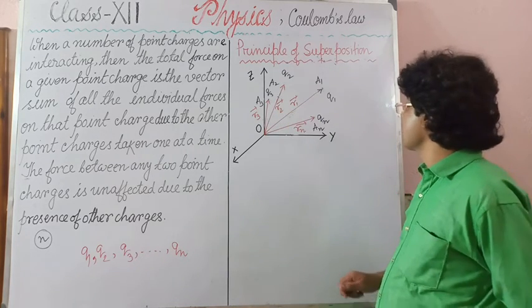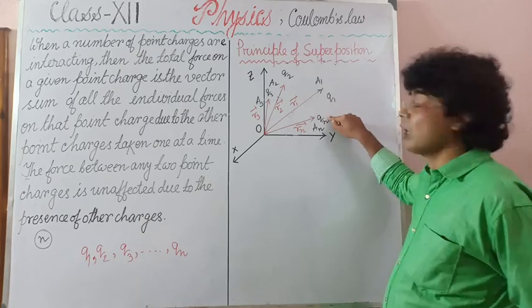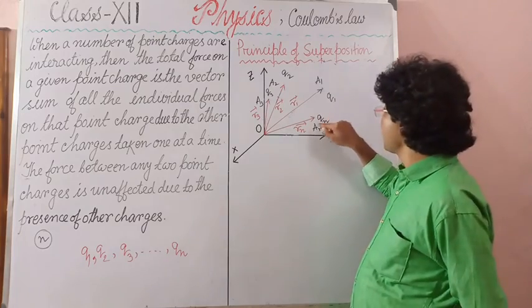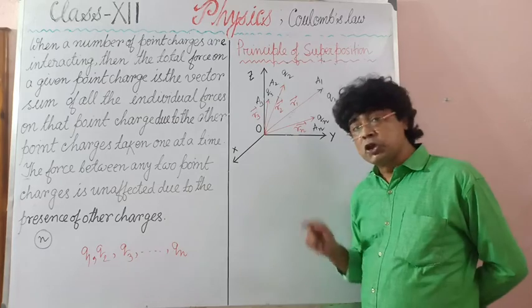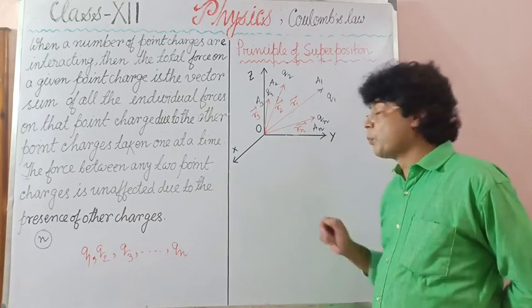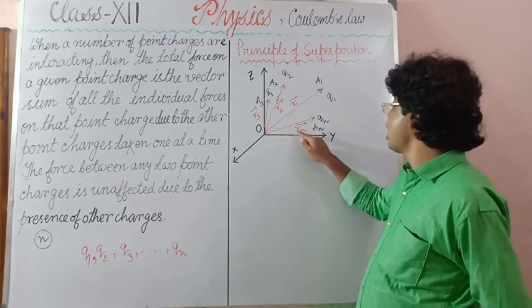Similarly, point charge Qn is situated at point An and the position vector of point An is Rn vector.